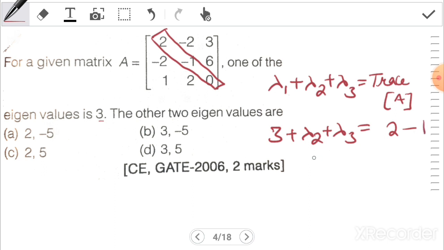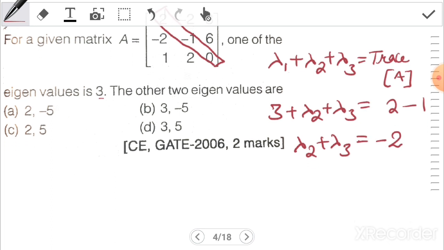So lambda 2 plus lambda 3 will be equal to minus 1 minus 3, or minus 2. So you can eliminate choices. Here only choice B satisfies this condition. See, 3 minus 5 is equal to minus 2.